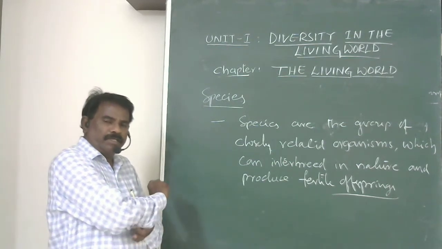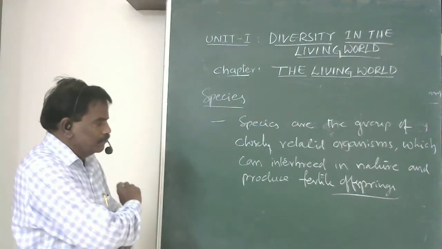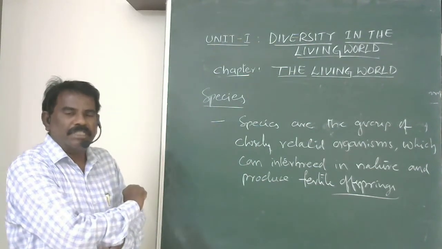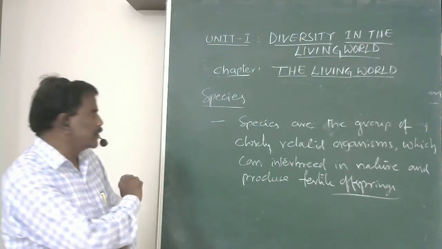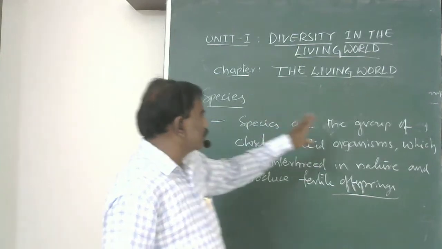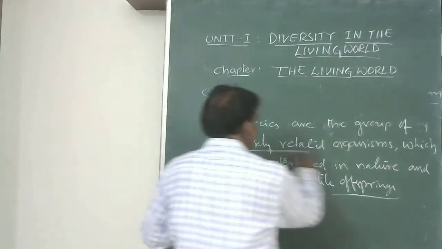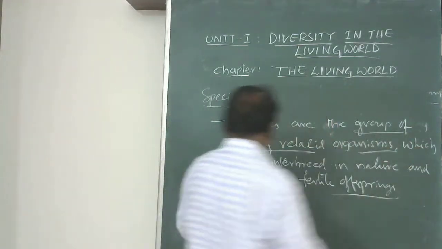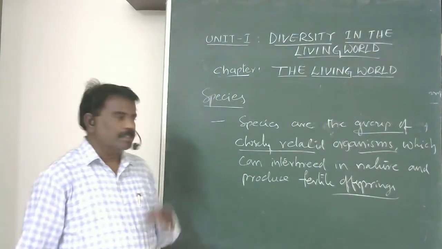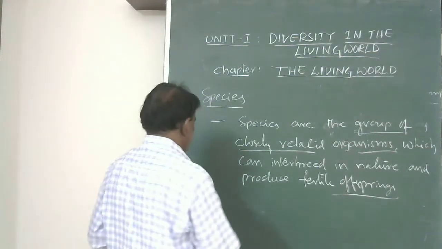When a donkey is crossed with a horse, it produces a mule. A mule is sterile, but it is an exception. Generally, in most cases, species are groups of closely related organisms which can interbreed in nature and produce fertile offspring.